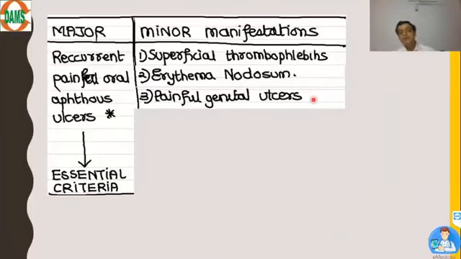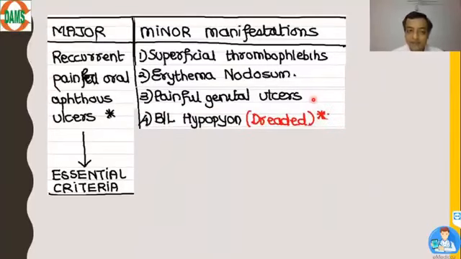Number 4, bilateral hypopyon formation, which is the dreaded manifestation.